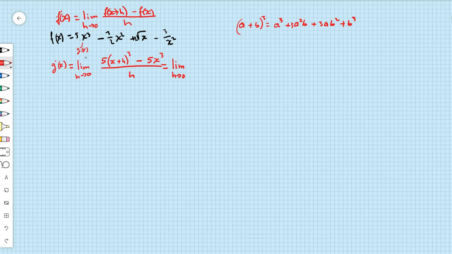That's one of the remarkable identities. Or you can just set this as a plus b squared times a plus b, or you can just develop it. You'll find this same result there.